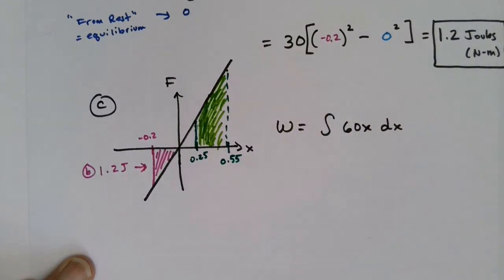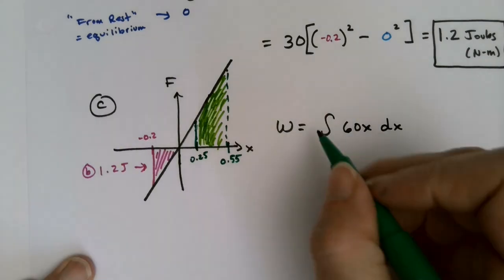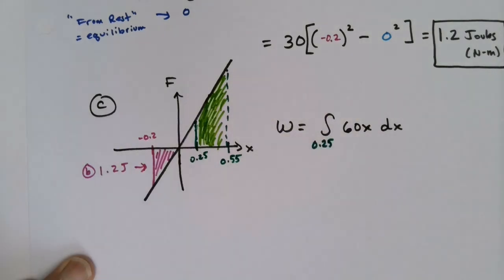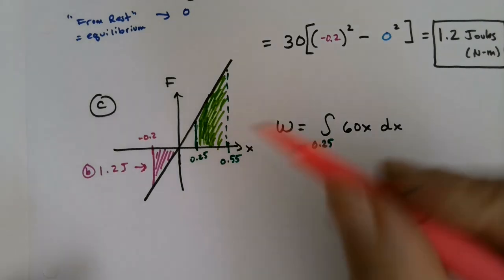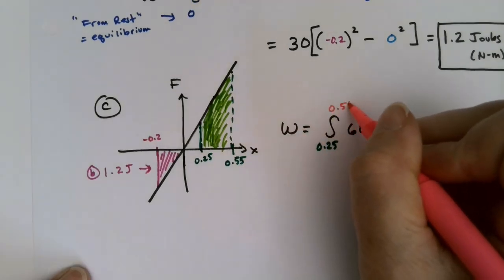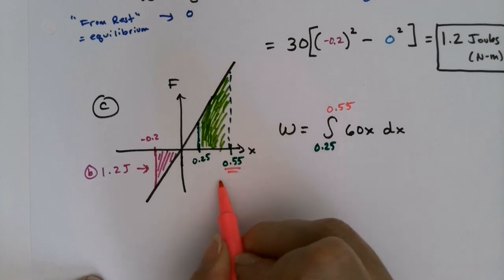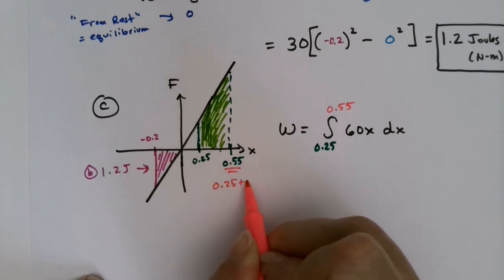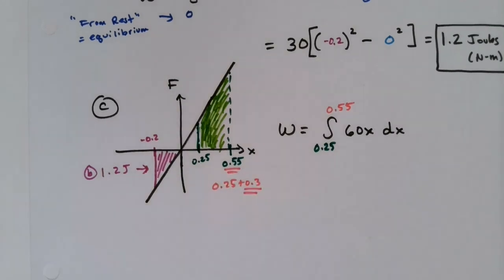But we're going to stretch from 0.25, and then you have to be very careful with the English that's given. So in this case, we're going to go to 0.55. I'm going to do it in a different color. 0.55 because this is 0.25 plus 0.3. They didn't say that they were going to stretch it to 0.3. They said they want to stretch it 0.3 meters. So you're going to stretch it 0.3 meters past 0.25, which is 0.55.